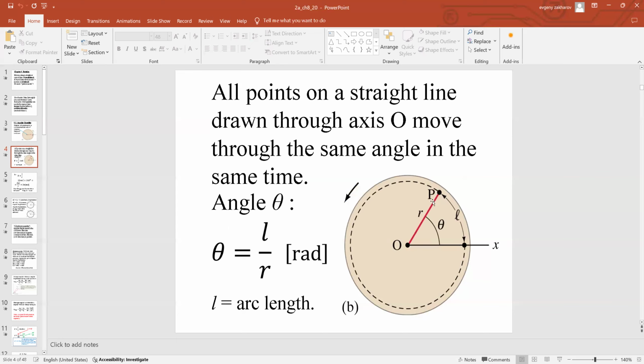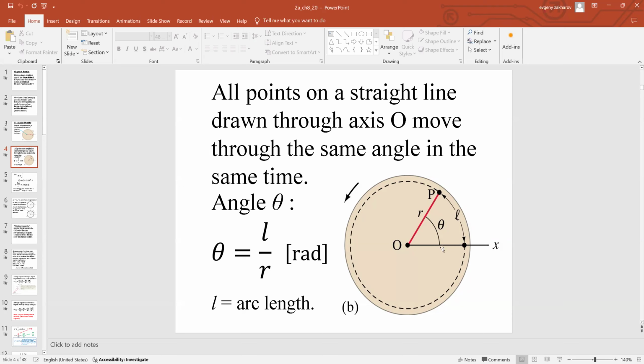And then all points on a straight line drawn from that axis of rotation will move through the same angle at the same time. Consider, say, a point halfway between the center and the side, somewhere here. That's going to be theta. Theta is the angle that a point will move through.